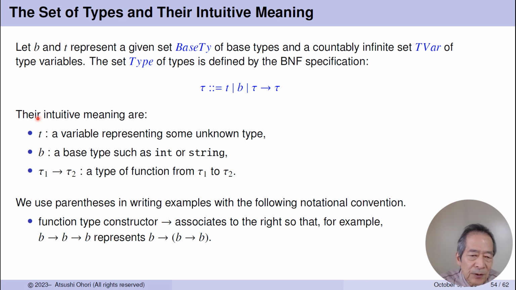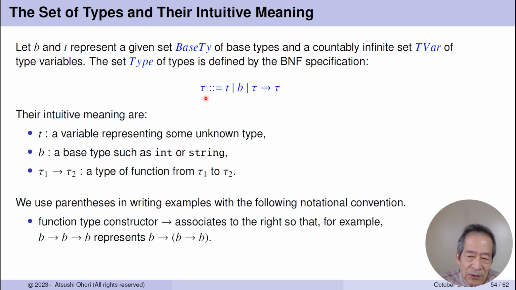And then let's review intuitive meaning of types, each component. So these are somehow obvious, but let's review this. T, so this component, is a variable representing some unknown type. And B, this represents a base type such as integer, int, or string. This is a type of function from T1 to T2. As I said, we understand that this defines a freely generated set.